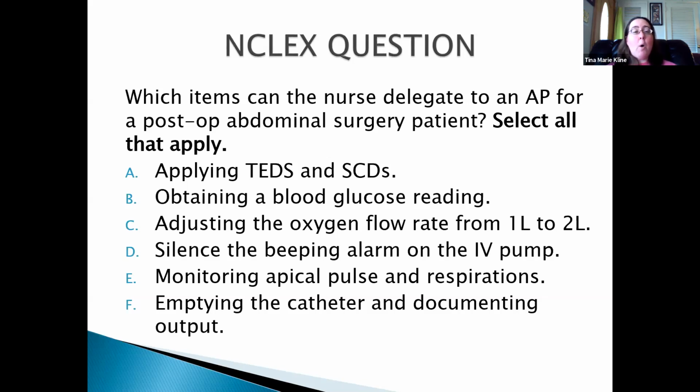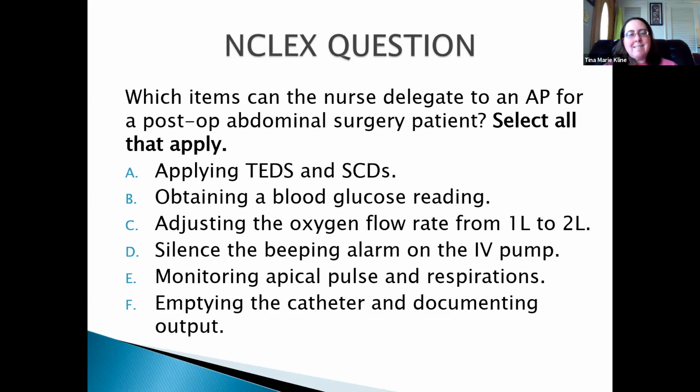Okay, if you go back to the principles of NCLEX testing, there are certain buzzwords: assessment, teach, evaluate. Those are RN buzzwords. Okay, monitoring, reinforcing teaching, those are LPN buzzwords. So that monitoring right there tells me that it's the LPN level.